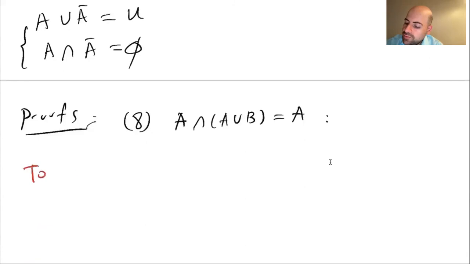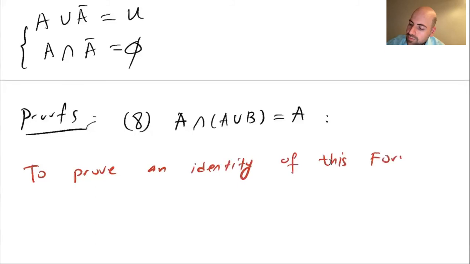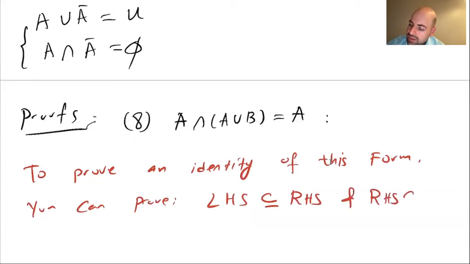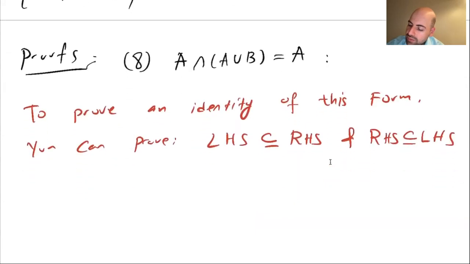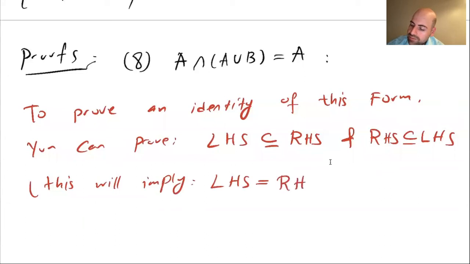To prove an identity of this form, you can prove that left-hand side is a subset of right-hand side, and right-hand side is a subset of left-hand side. This will imply that left-hand side must be equal to right-hand side.